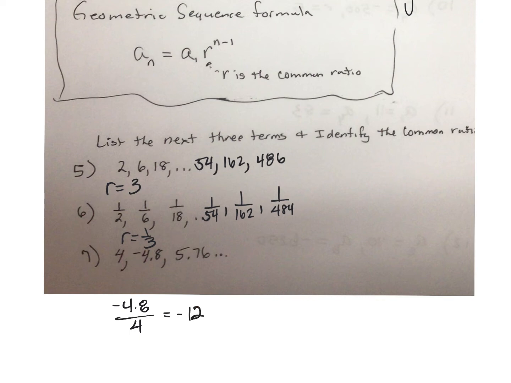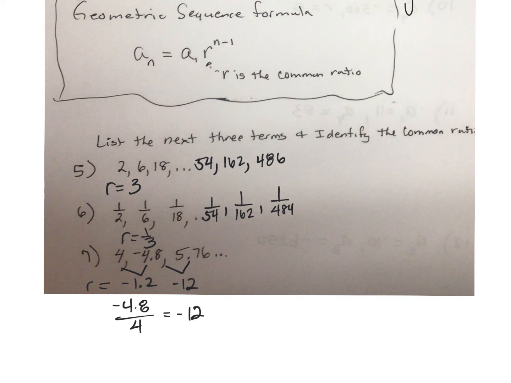I got negative 1.2 when I divided that. Now let's divide the 5.76 by negative 4.8. And I also get negative 1.2. So my R is negative 1.2. We can always find that by dividing the second term by the first term.